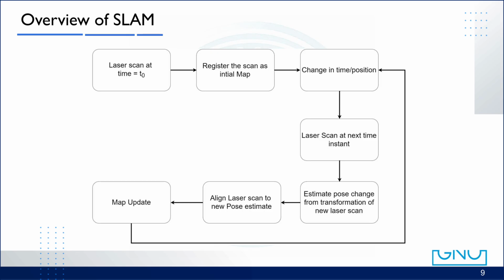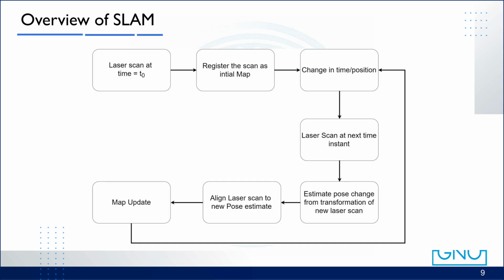This slide illustrates the step-by-step process that SLAM follows during operation. The procedure begins with the very first laser scan. That initial scan, together with the known starting pose of the robot, is registered as the initial map. After this, the robot moves slightly during a small time interval. At the next moment, a new laser scan becomes available along with an estimate of how much the robot has moved. SLAM then compares this new scan with the portion of the map that has already been built.